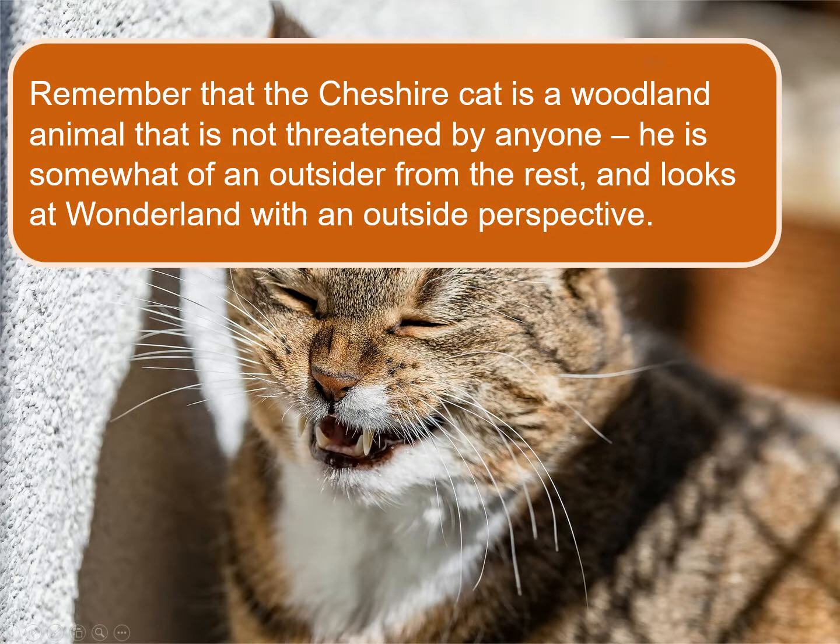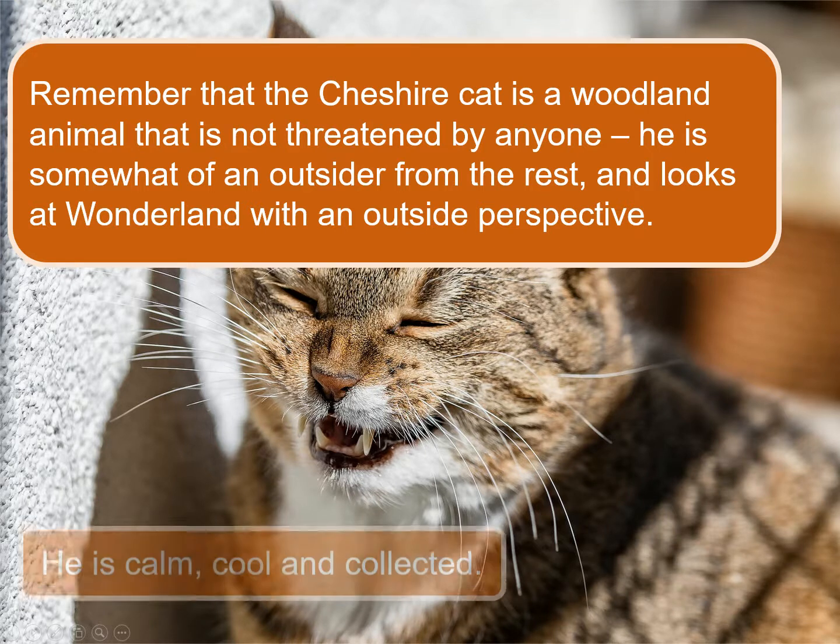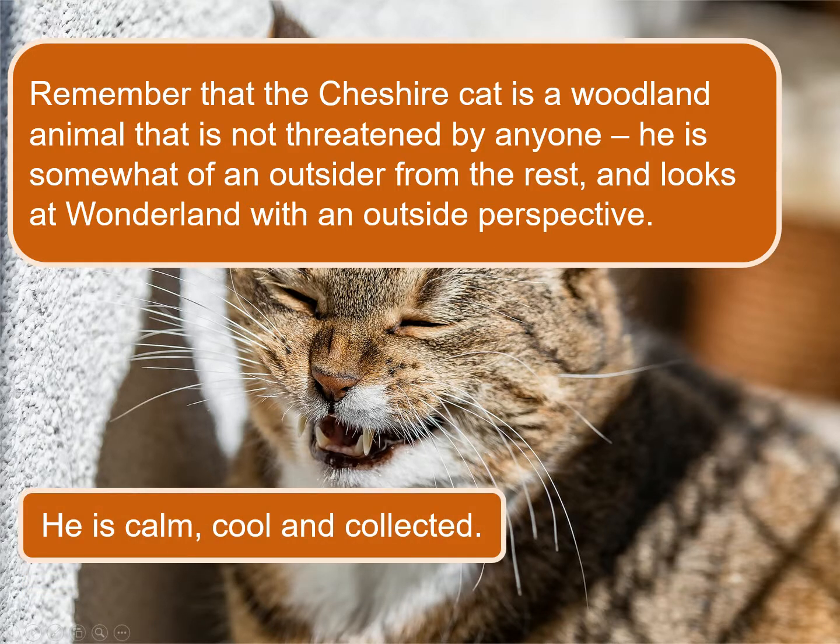Remember that the Cheshire Cat is a woodland animal that is not threatened by anyone. He is somewhat of an outsider from the rest and looks at Wonderland with an outside perspective. He is calm, cool, and collected.